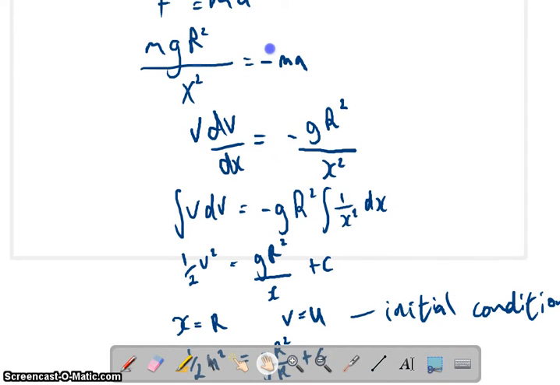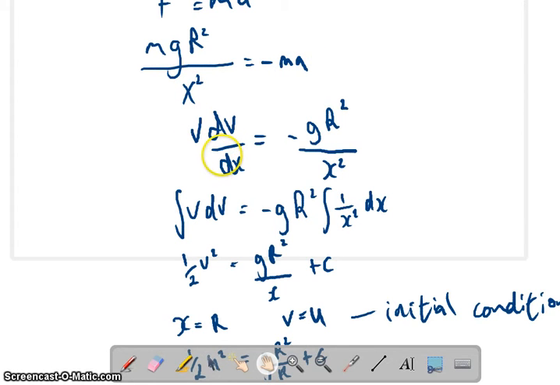Now you can see that the masses will cancel. So we can define this acceleration as the differential of velocity. So if we differentiate velocity with respect to x, then we get v dv by dx is equal to minus g r squared over x squared. So we've got an acceleration that varies with x.